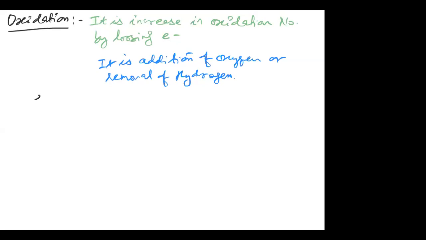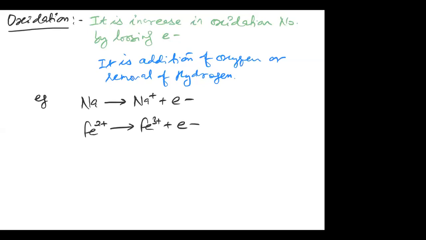For example, let's say sodium is converting to Na+ while losing an electron, ferrous ion is converting to ferric ion by losing an electron.